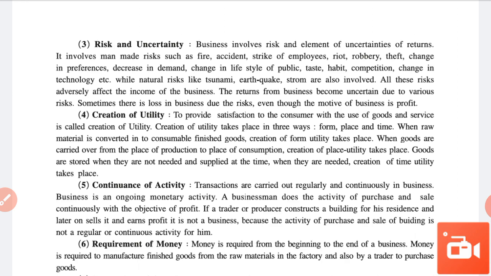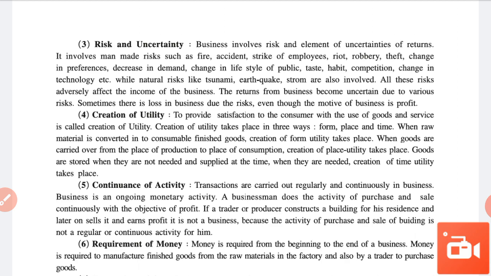All these risks adversely affect the income of the business. Out of all these types of risk, if any man-made risk or natural calamity is incurred, then there is a totally adverse effect on the profit of the business. So the return from business becomes uncertain due to various types of risk.